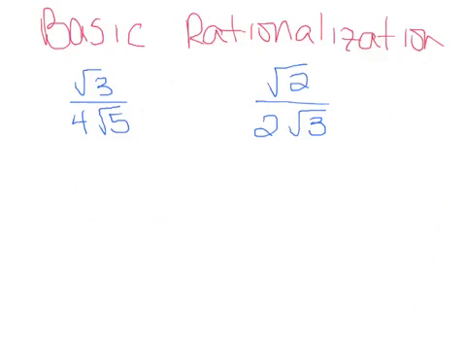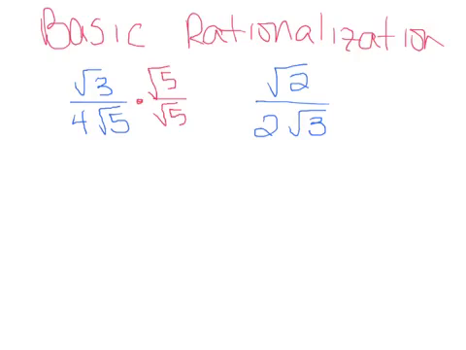Okay, 2 more. Now, in these next 2 examples, my denominator has a whole number and a radical. I still only want to get rid of this radical, so I'm going to multiply by 1, which in this case is going to be square root of 5 over the square root of 5 again.